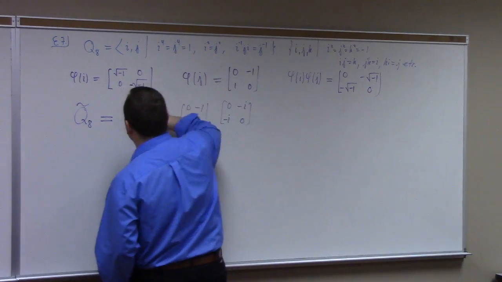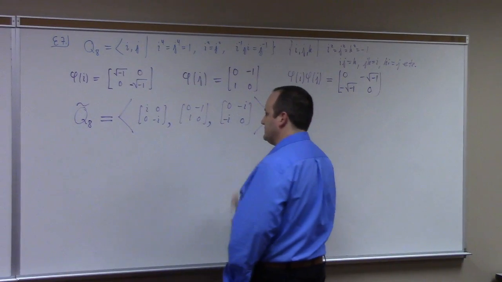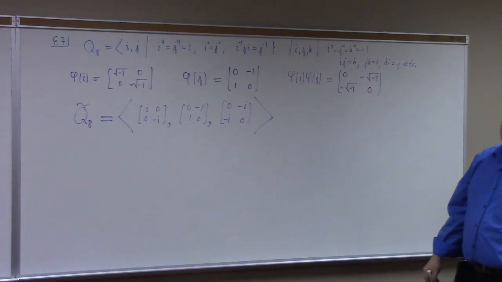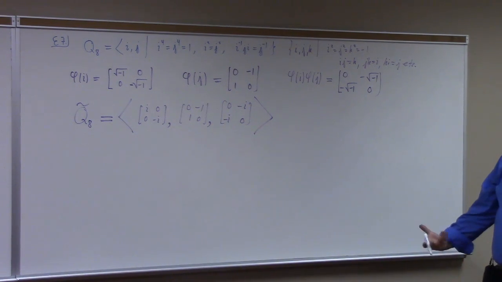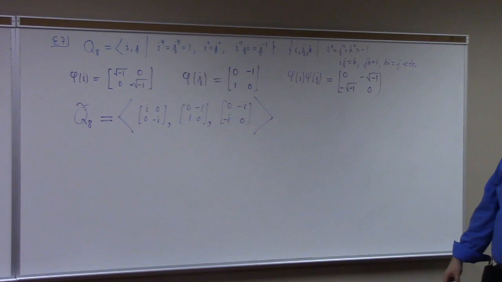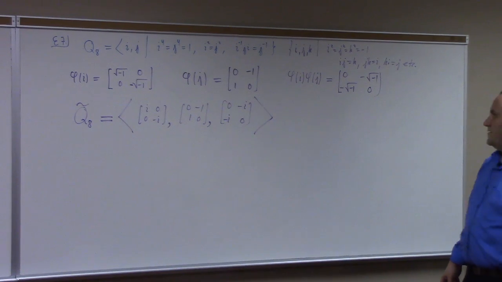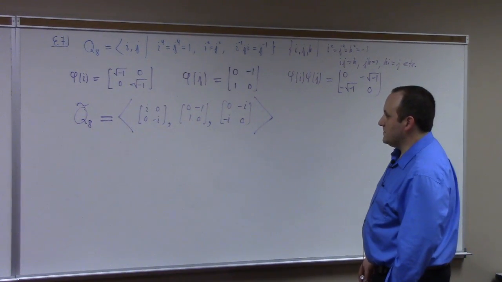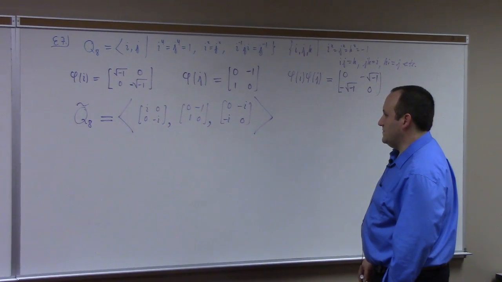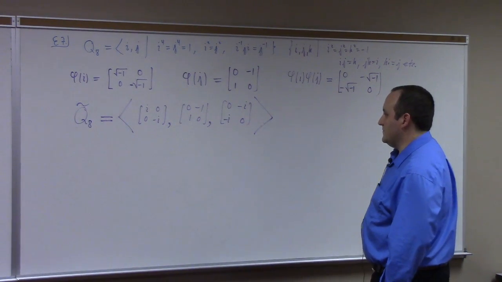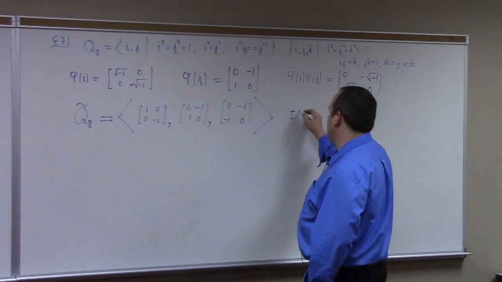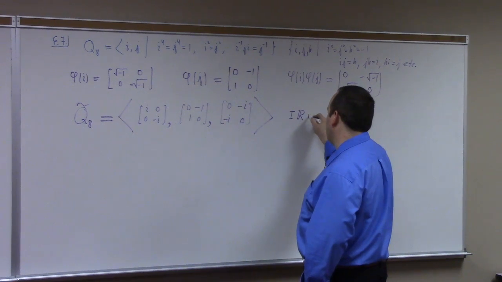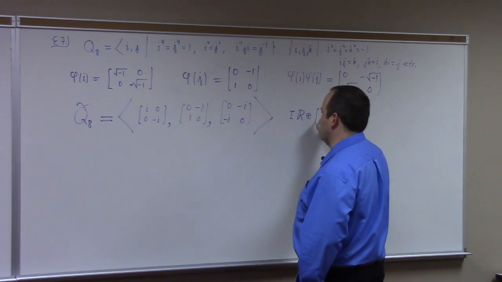If you look at these three matrices, you could generate Q8 by those, in the sense of taking products and powers of these things. I think you get everything. Do I have to throw in minuses? I don't know. I definitely know this: if I throw in the identity, and look at the identity matrix times the reals plus, I think this is true, i0.